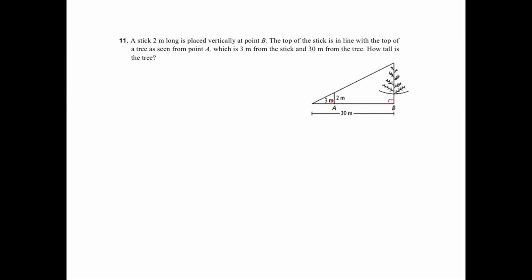So from this little triangle, 3 over 30 equals 2 over h, where h is the height of the tree. So 1 over 10 equals 2 over h, cross multiply, so h equals 20. So that means that the tree is 20 meters tall.